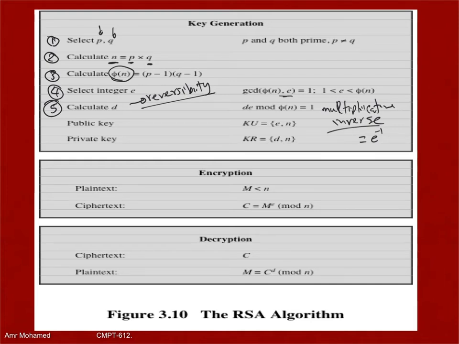So now we're done. So number 6, the public key becomes E and N, and the private key becomes D and N. Okay? So again, D, the private key, can be calculated systematically if you know the totient of N. But in order for you to know the totient of N, you need to know P and Q. You need to guess P and Q based on N. Clear?